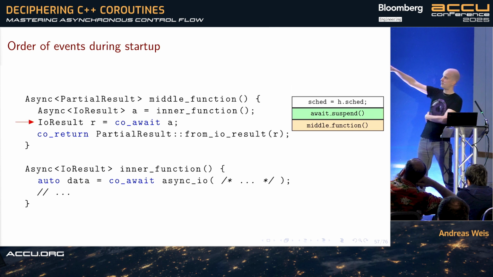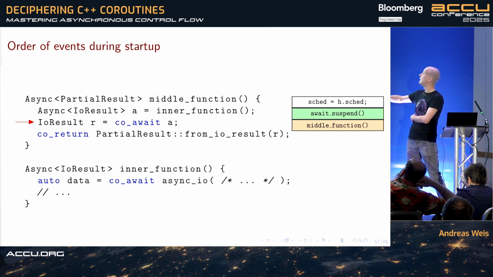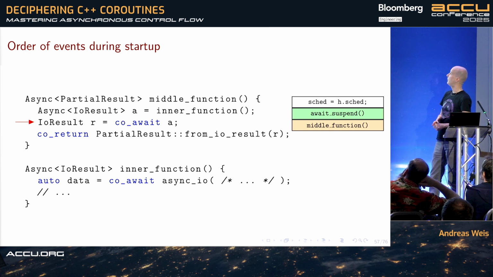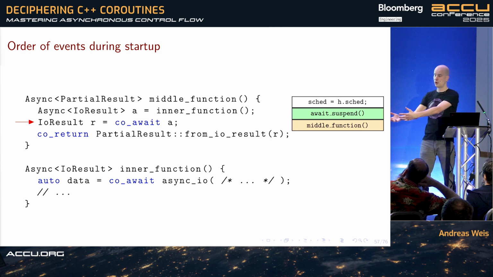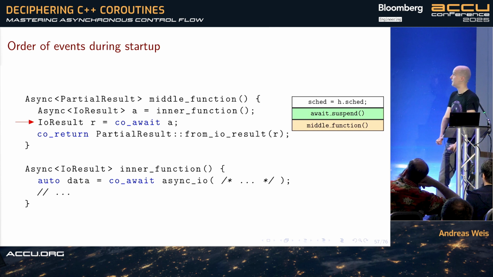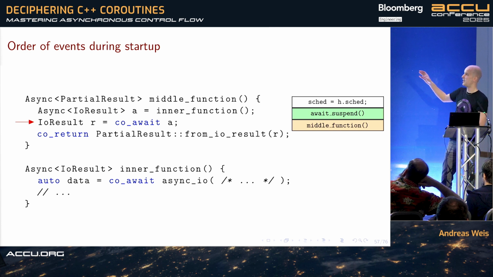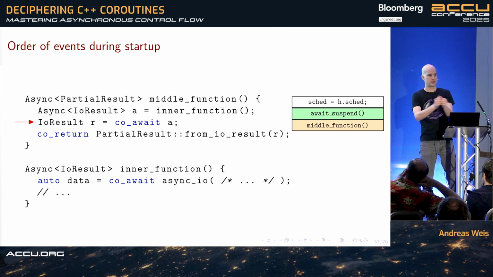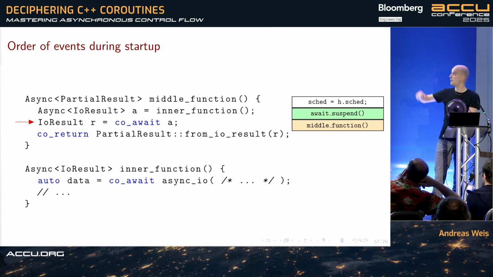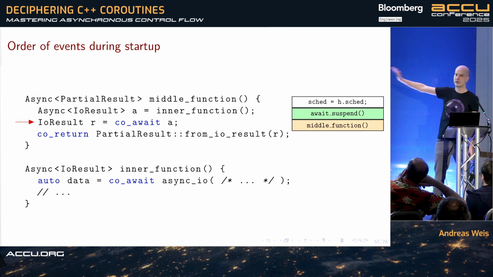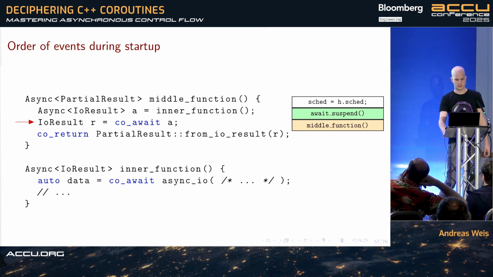Once the inner function suspends for the first time, and the call stack unwinds and goes back to the middle function, now the middle function co-awaits on the return object of that inner function, and that's the point where the propagation happens. It happens inside the await suspend of the async that was returned by the inner function. So it happens too late. The order is wrong here, right? This would have needed to happen before I started executing the body of the inner function.